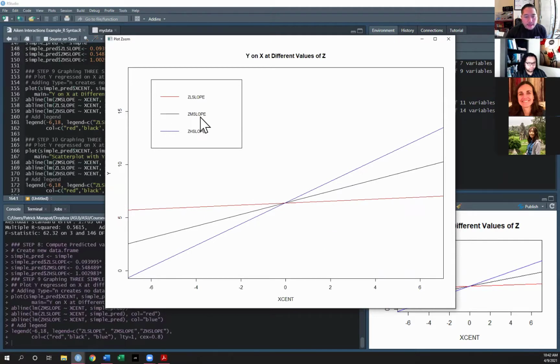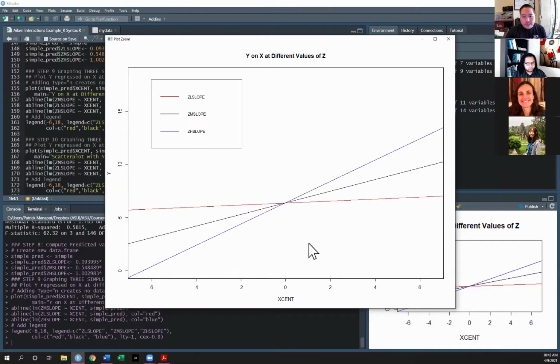At the mean of Z, ZM slope, we can see that the relationship is a little bit less flat. And then the relationship is strongest at one standard deviation above the mean of Z. Essentially, between X and Y, as Z increases, the relationship between X and Y gets stronger. That's why we went through all this trouble, to see that.